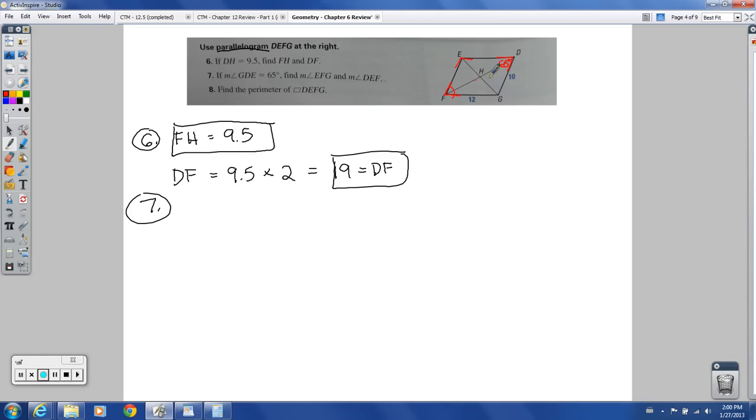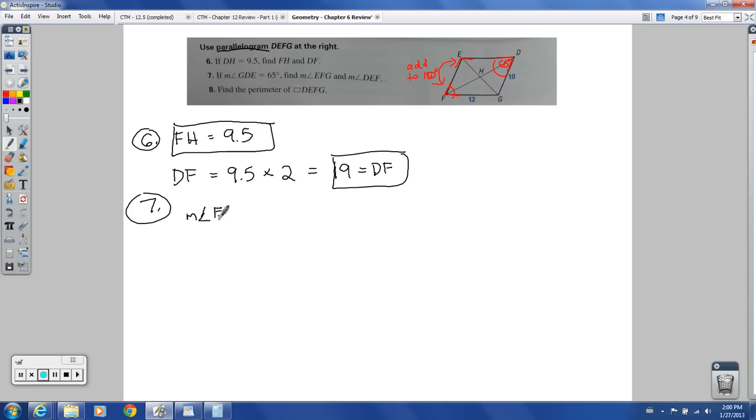We know opposite angles are congruent, so this one's the same as this one. And then we know these two are supposed to add to 180. In a parallelogram, these two are also supposed to add to 180. The consecutive interior angles are supposed to be supplementary. And so we have that angle right there, EFG.